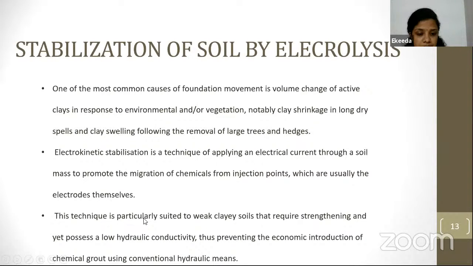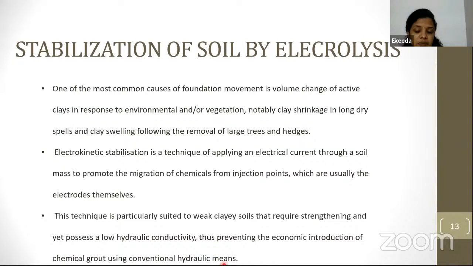This technique is particularly suited to weak clayey soils that require strengthening and yet possess a low hydraulic conductivity, thus preventing the economic introduction of chemical grout using conventional hydraulic means.